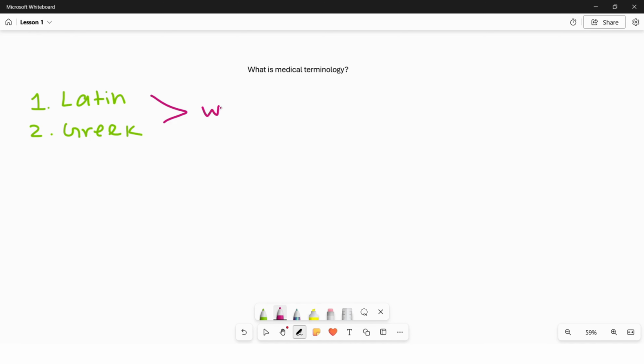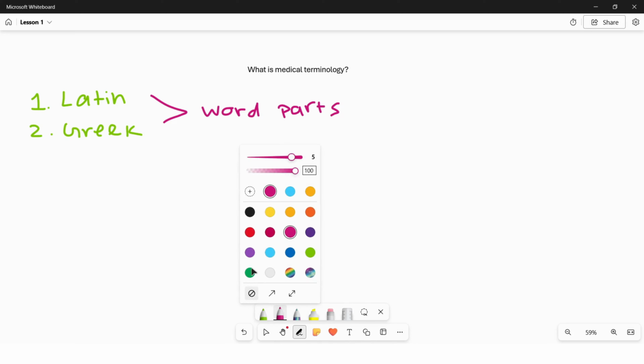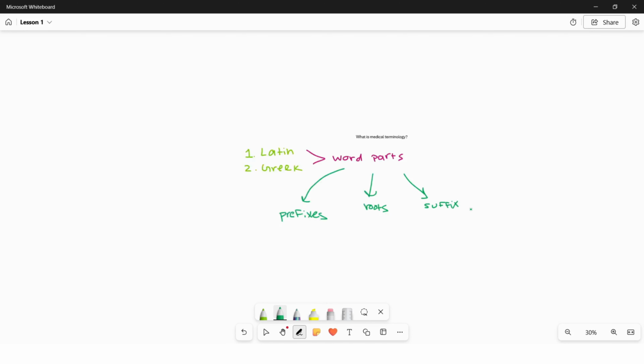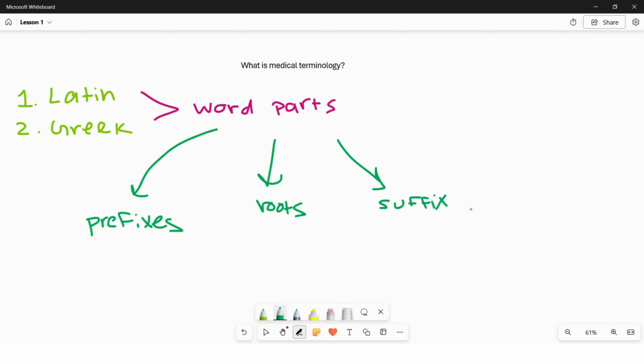And word parts are what you might know as your prefixes, roots, and suffixes. Okay, but what do prefixes, roots, and suffixes do?